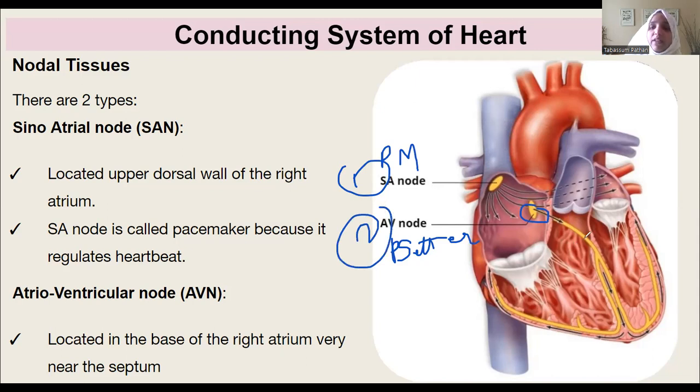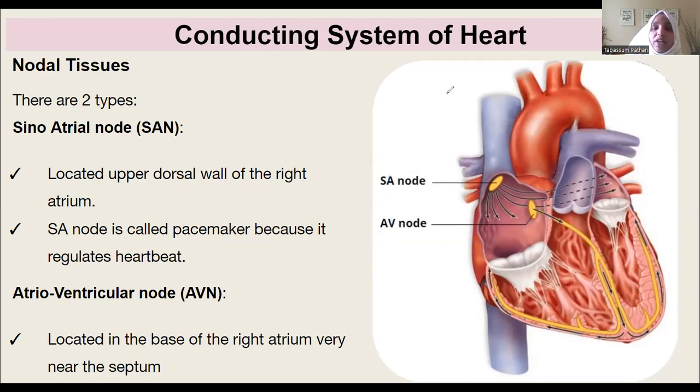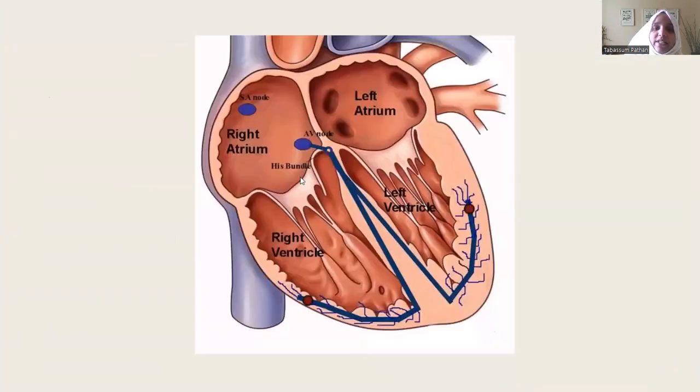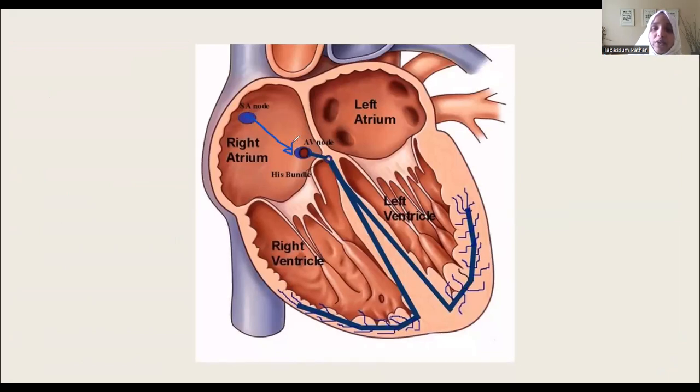Now the third member: you can see the fibers coming down and running in the walls of the septum as well as the ventricle. This is known as the bundle of His, or Purkinje fibers. As you can see in this animation, it begins from the SA node, and the signal is carried forward to the AV node.